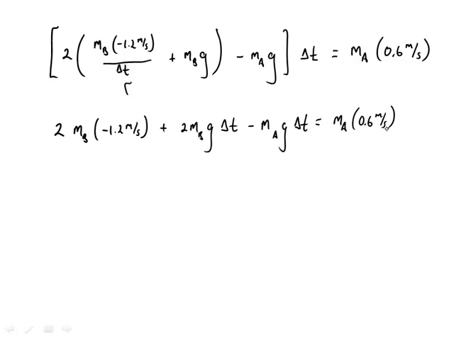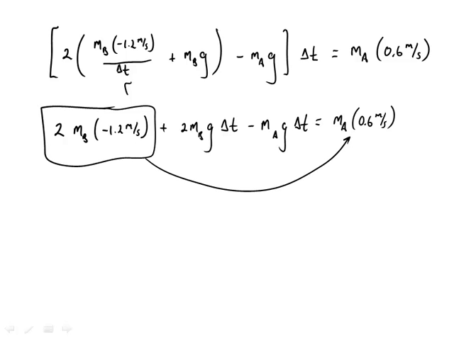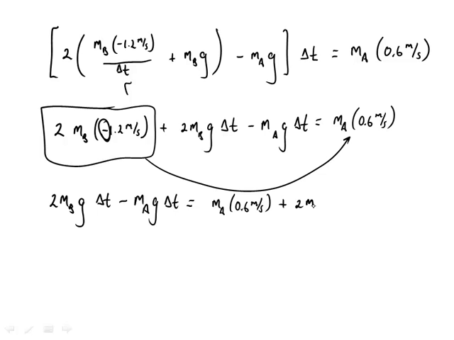This has no delta t in it, so I'm going to bring it to the other side. So I'm going to get 2 times the mass of B, g, delta t, minus the mass of A, g, delta t, equals the mass of A times 0.6 meters per second. Plus, because this minus sign will become positive when I bring it to the other side, 2 times the mass of B times 1.2 meters per second.